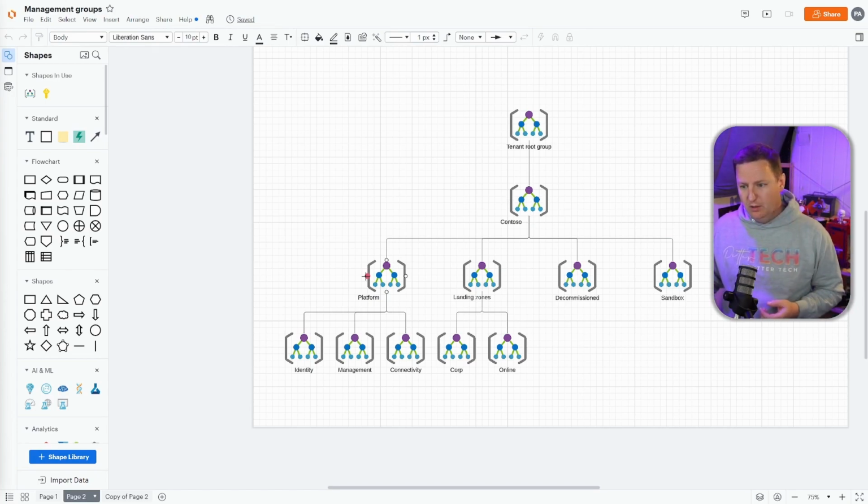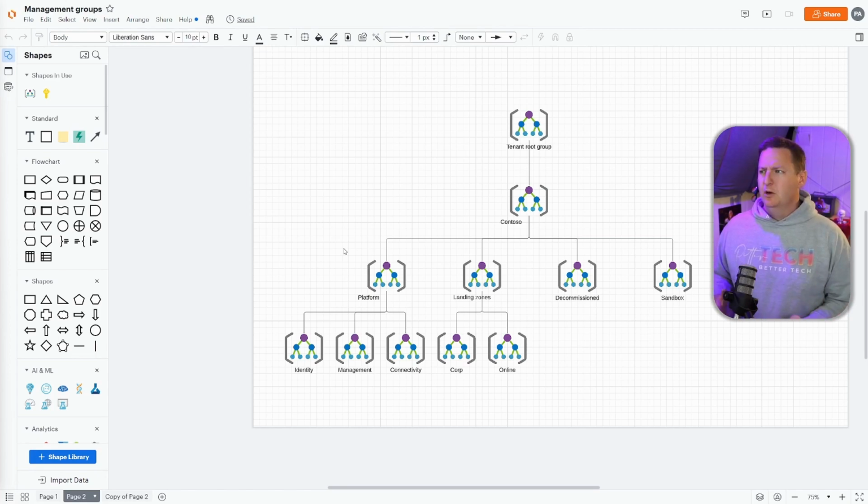And further on, we have platform, which is where you'd put all things that are shared services, services that all of your Azure services should utilize. For example, in the identity management group, we'll put domain controllers, Azure AD Domain Services, if that's what you're using.